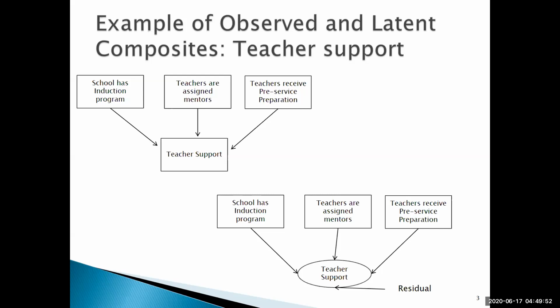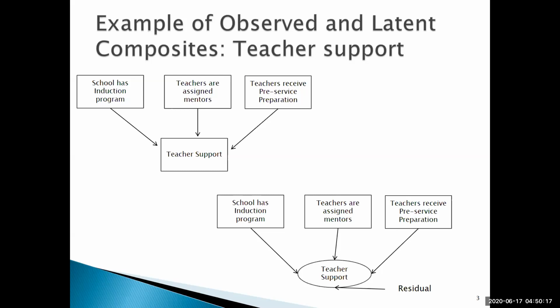The classic example of a composite is socioeconomic status. You can combine things like parental education, income, family income, and they're not measuring a latent variable, you're just combining them. Now, you can have observed composites, which is literally a combination.